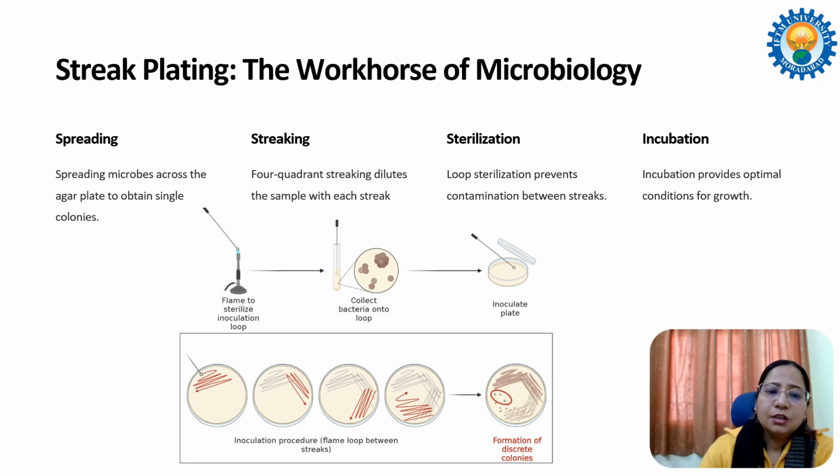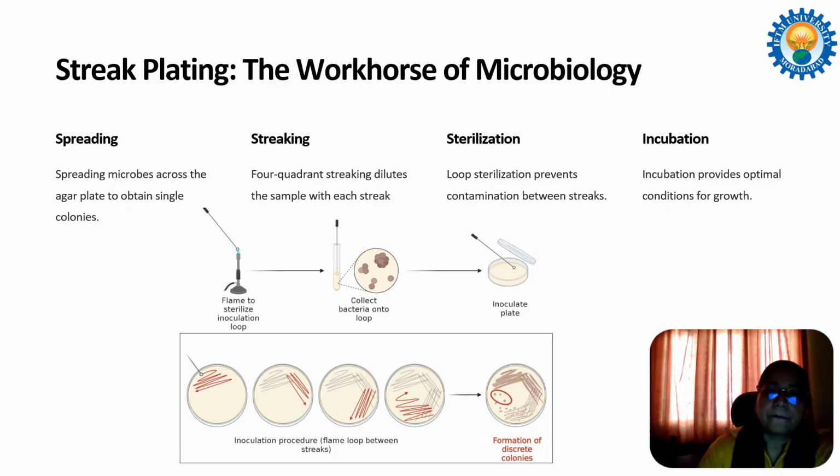In this technique, we first sterilize the inoculation loop, which can be visualized in the diagram shown. Here, we collect the bacteria in the loop and then we inoculate the plate. For inoculation of the plate, one has to perform a zigzag movement that can be done as a single way streak, two-way streak, or multiple way.